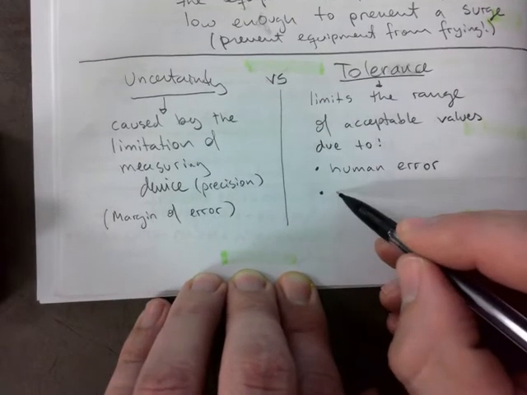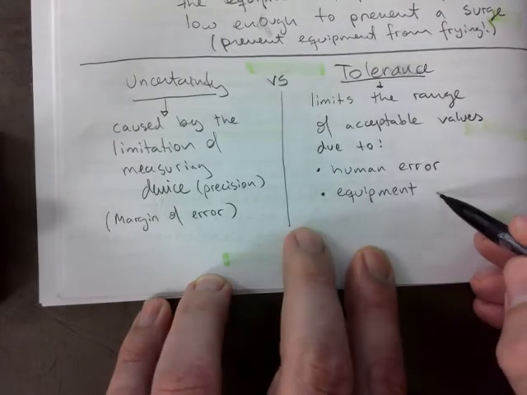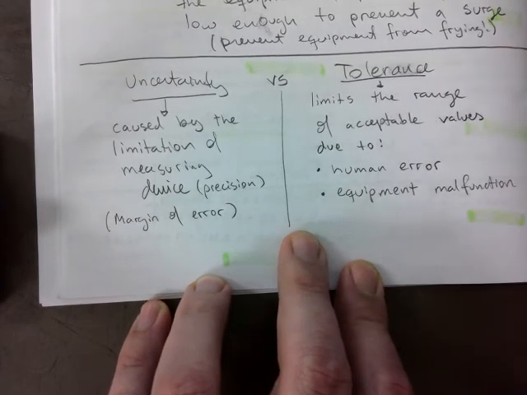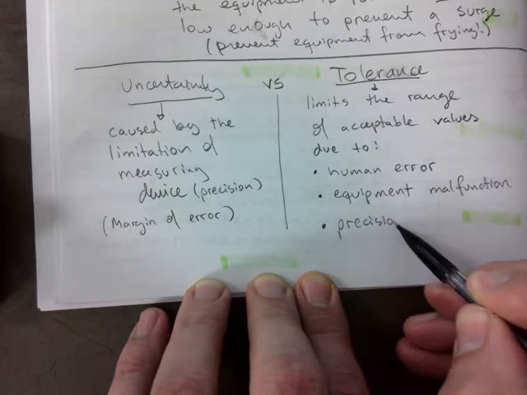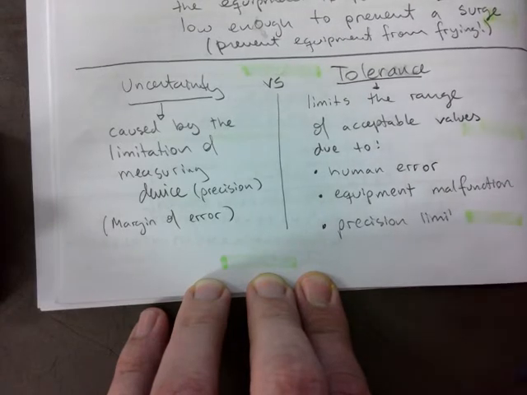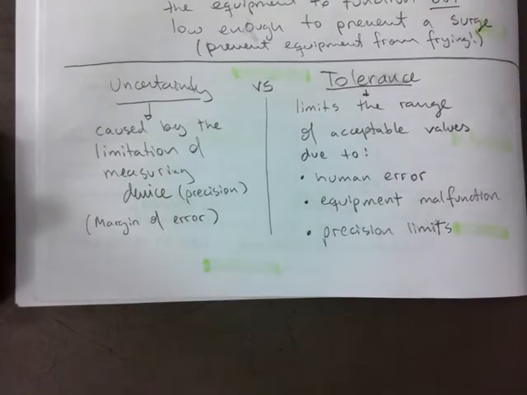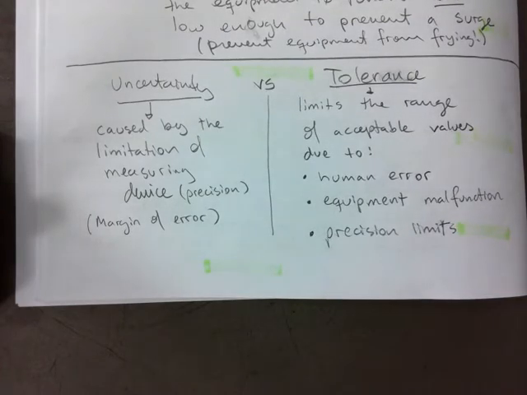It could be equipment malfunction, precision limits, etc. So who sets the tolerance? The industry does. Who sets the uncertainty? The measuring device.